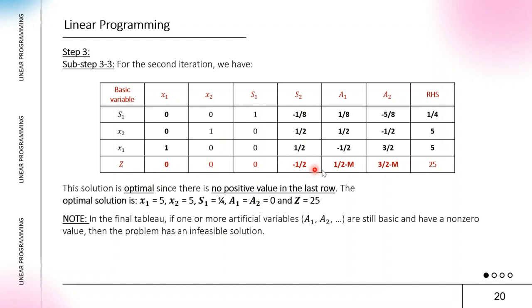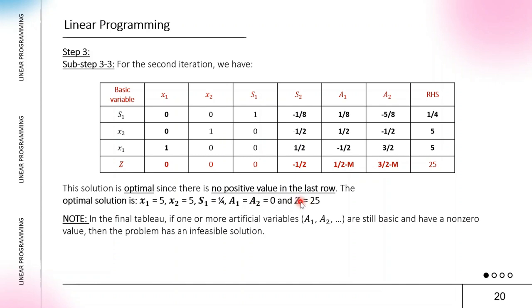Therefore, the solution is optimal. The solution values are x1 equals 5, x2 equals 5, s1 equals 0.25, a1 equals 0, and a2 equals 0, and the objective function value is 25.